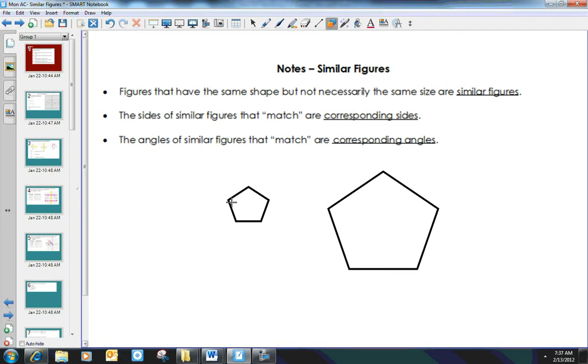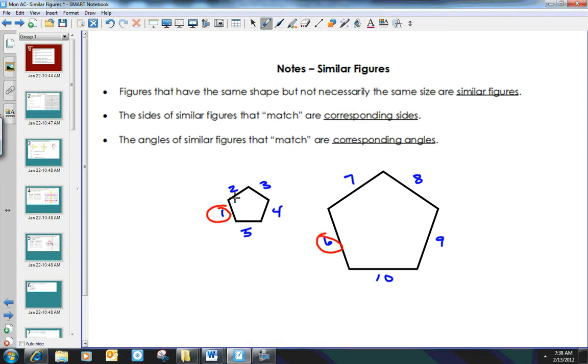Okay, now if I took a look at this figure and I numbered the sides of my figure, okay, and this one, okay, looking at these two figures and the way they are oriented, side 1 and side 6 match, so they are corresponding sides.